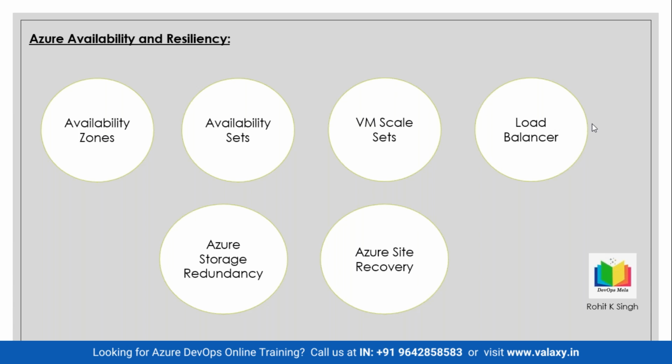On the question: is virtual machine scale set the equivalent of auto scaling group in AWS? Yes, you can say that. But not just auto scaling, there are multiple other things also with virtual machine scale sets. We've got the feature of load balancer, the feature of availability sets, and we can even include availability zones.